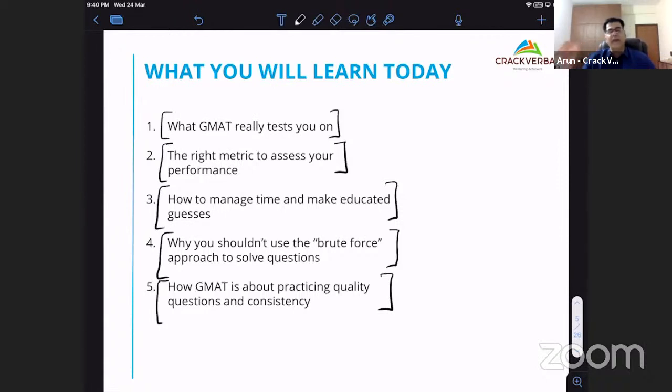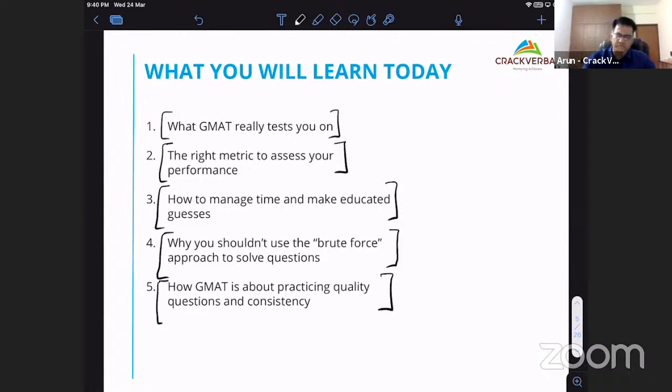And the best way for us to look at it is to think of a comparison in quant, right? Let us say you want to score a quant 51, which is a full score in quant. How many formulas do you need to know? Think about it. How many formulas do you need to know? Do you need to know, I don't know, 200 formulas?